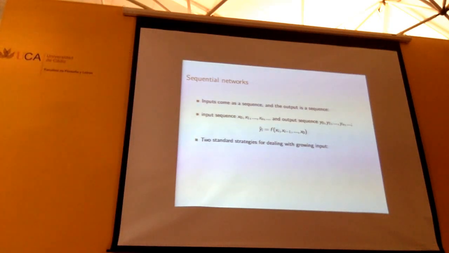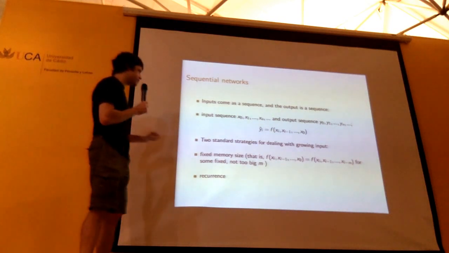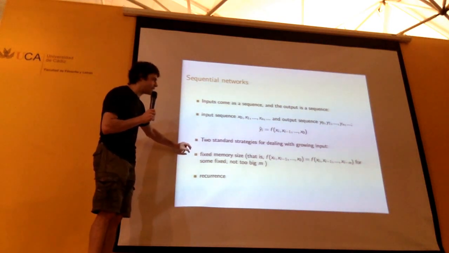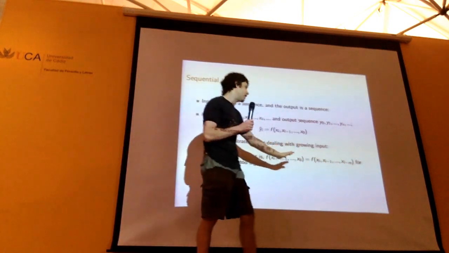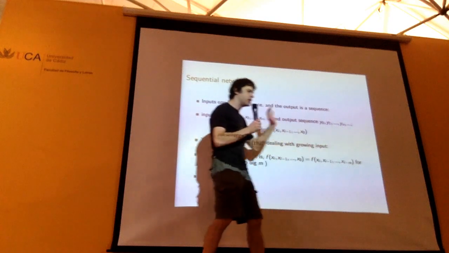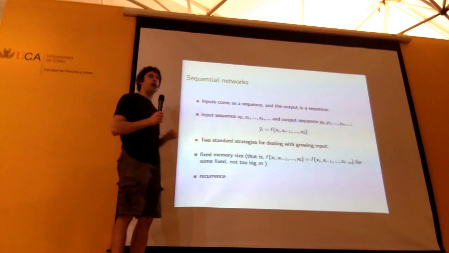So there's actually a lot of strategies, but here let's talk quickly about 2 strategies. One of them is just to say, well, I'm not going to go all the way back forever. I'll just have a fixed memory size, and I'll go back this far, and everything else after that I'll ignore.